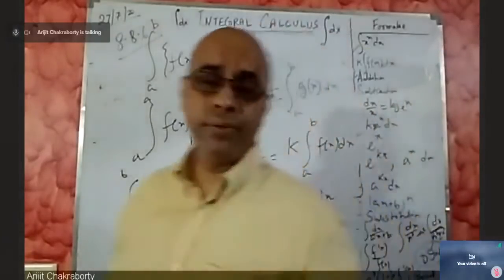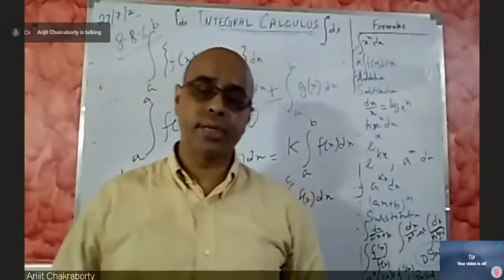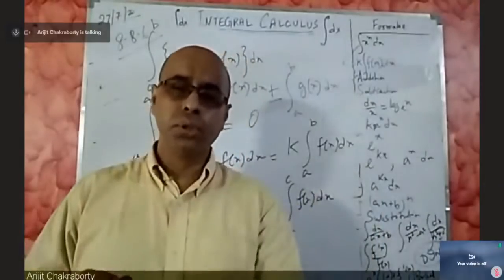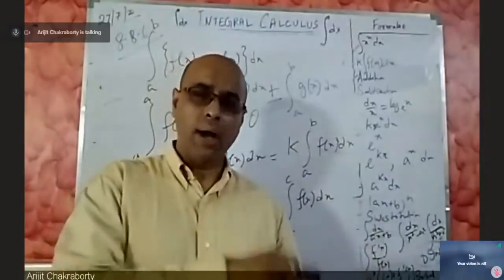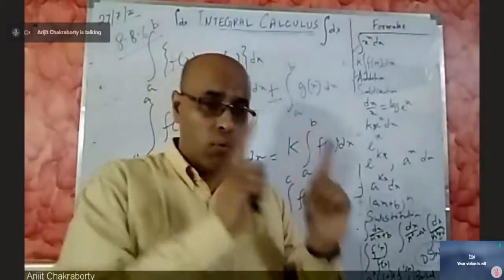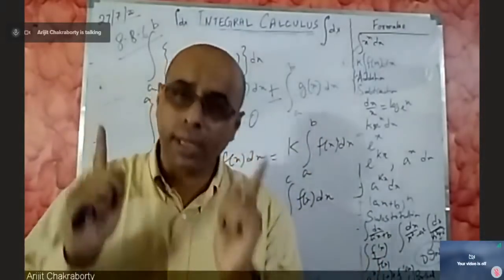So you may remember in the functions chapter we did reflexive function, symmetric function and transitive function. (1,1), (2,2), (3,3) is reflexive. (1,2), (2,1), (1,3), (3,1) is symmetric. And (1,2), (2,3), (1,3) is transitive.